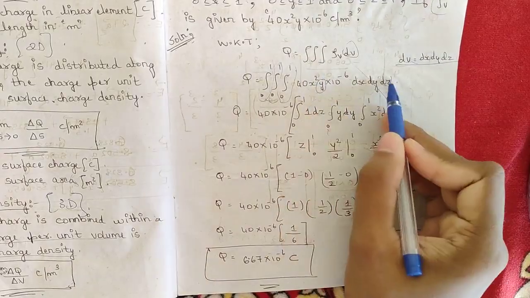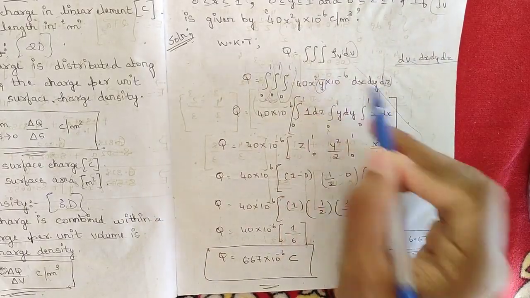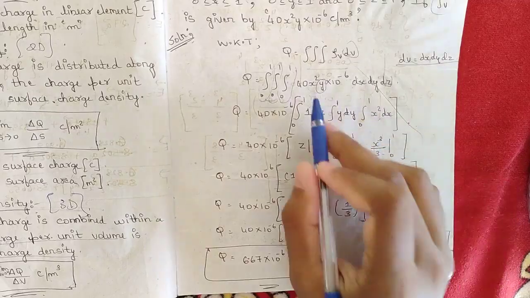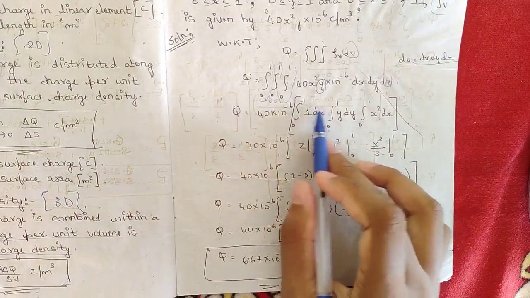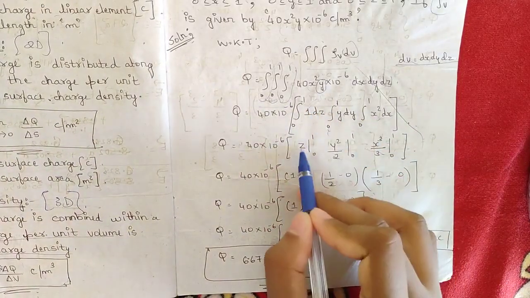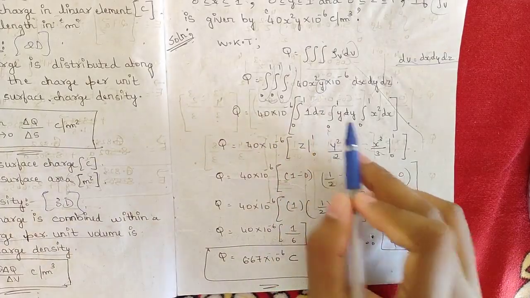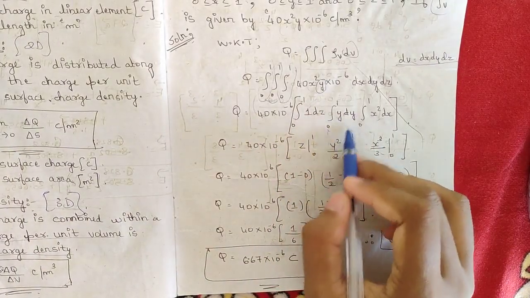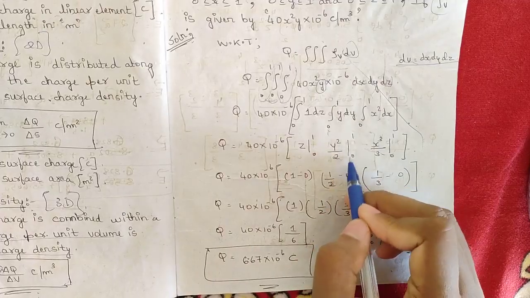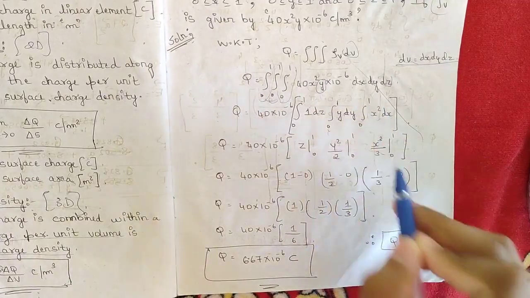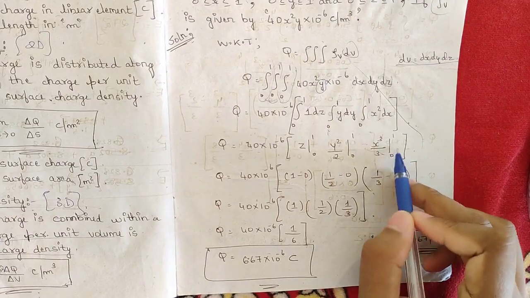Then we have x square dx, with limits 0 to 1. So integrating dz gives z, with limits 0 to 1. The integration of y is y square by 2 with limits 0 to 1, and the integration of x square is x cube by 3 with limits 0 to 1.